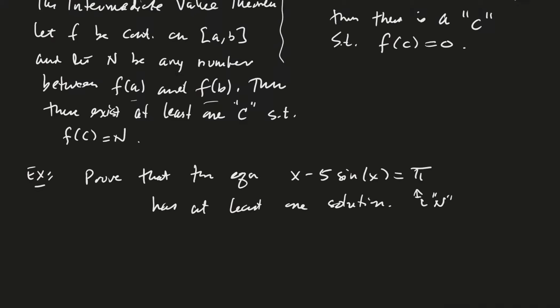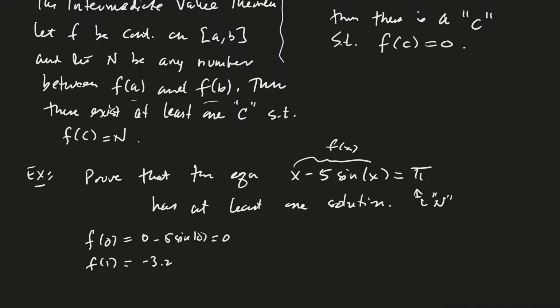Let me bring that down again. And so I'm going to just start trying a few numbers to see what happens. Let's see, f of 0, if this is my f of x here, would be 0 minus 5 sine of 0, which is 0, so 0 is less than pi. F of 1, if I plug that in, is going to be minus 3.2, which is still less than pi. F of 2 is approximately minus 2.5.